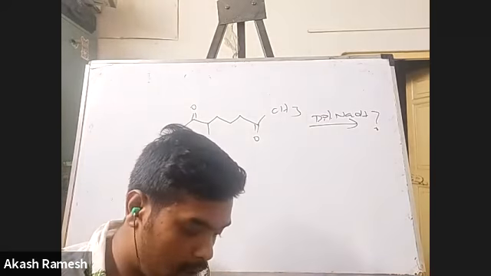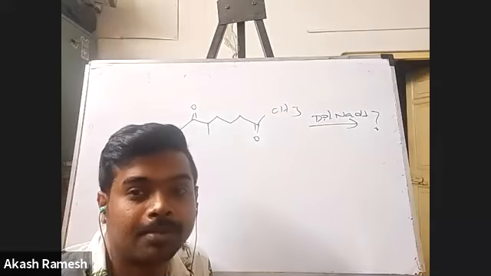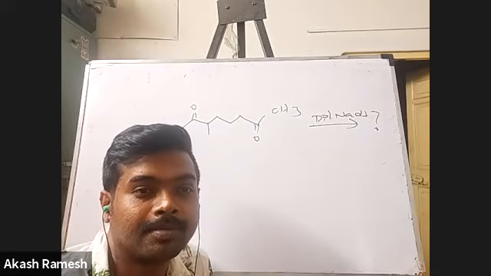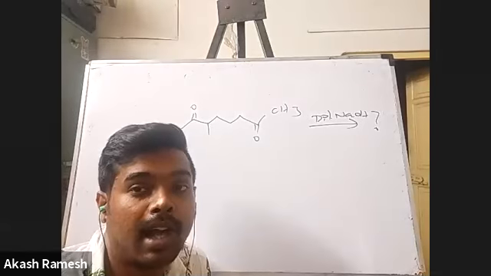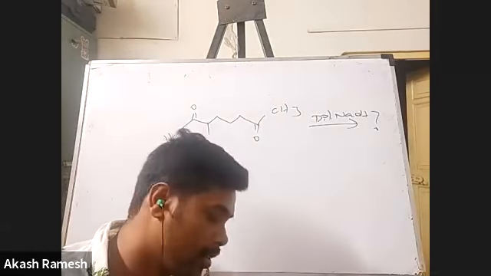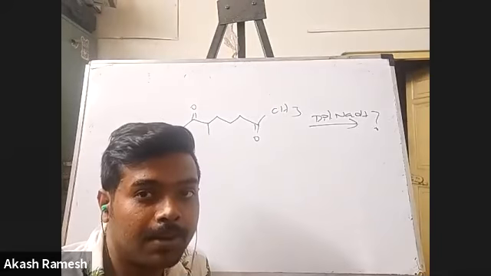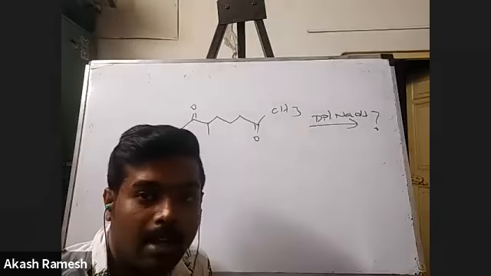So, which is a better nucleophile acceptor, aldehyde or ketone? Aldehyde. Right. Aldehyde will be a better nucleophile acceptor. So if you keep those things in mind, you will be able to get the answer here.